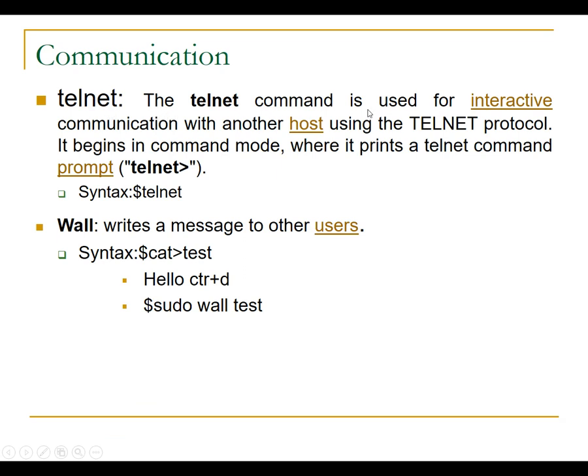The telnet command is used for interactive communication with another host using the telnet protocol. It brings in command line mode where it prints the telnet command as given in the syntax. Simply on the $ prompt type telnet, which we have already done.